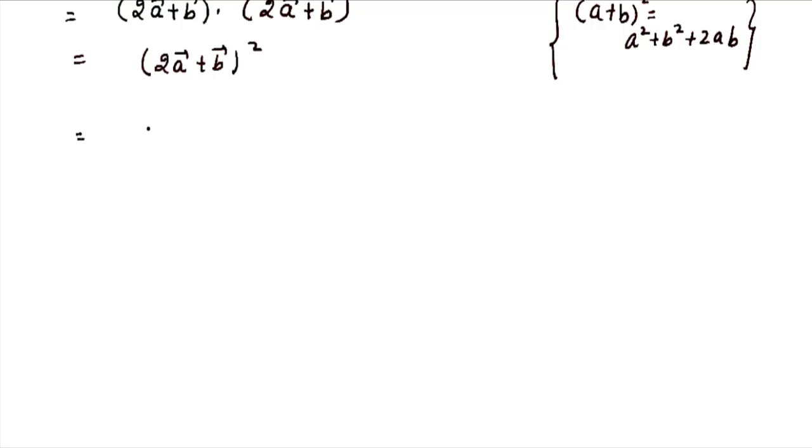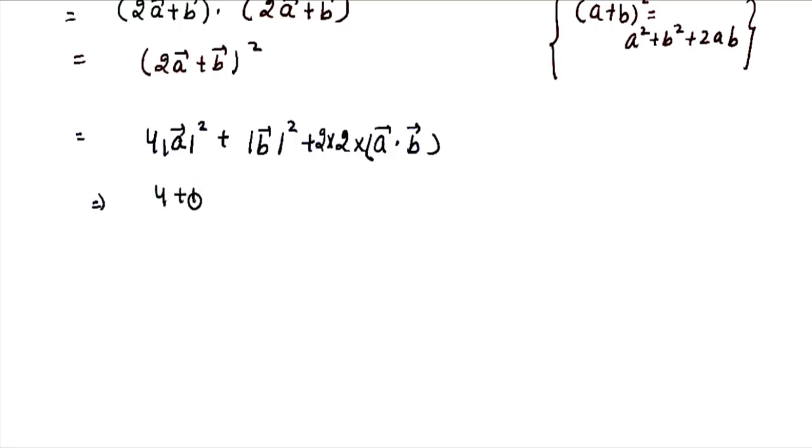Here we get 4 times magnitude A vector square plus magnitude B vector whole square plus 2 into A vector dot B vector, with the 2 multiplied. Now we know that this value is equal to 1, and this value is equal to 1. We get 4 plus 1.